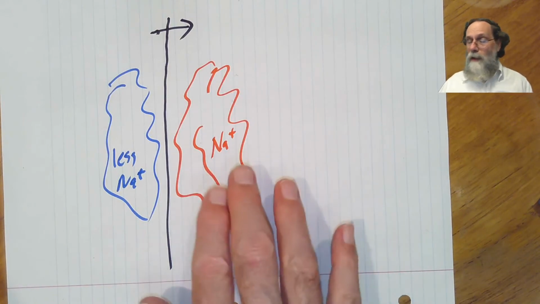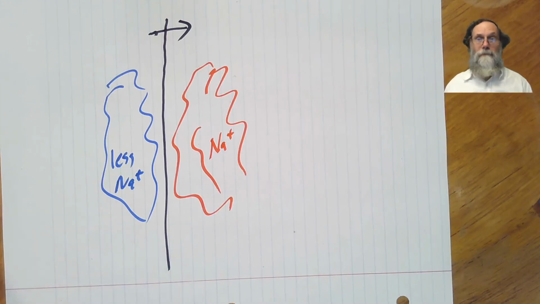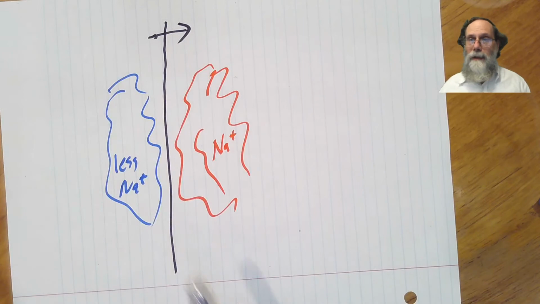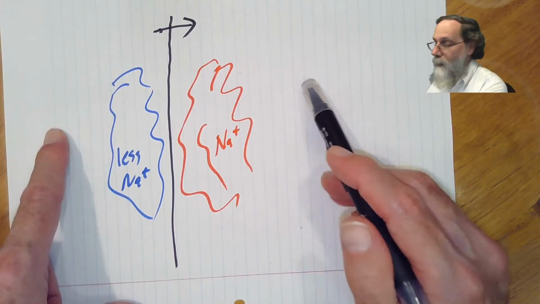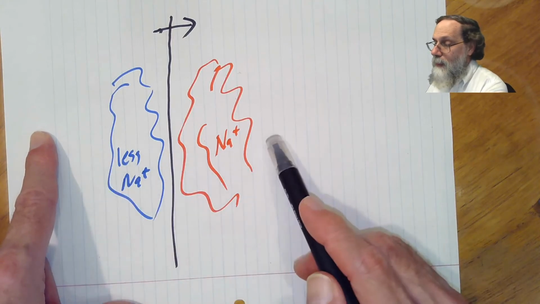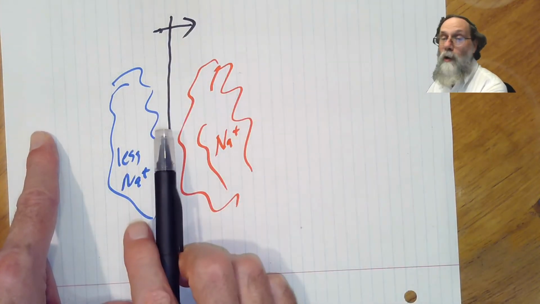Now notice that on one side we've got more positive charge than on the other side in the external tissue here. And that difference in charge means we've got a voltage difference between those two sides of the wavefront. So we have positive on this side and negative on this side. If we put electrodes out here on the body somewhere, we'll be able to see that voltage difference across the wavefront.